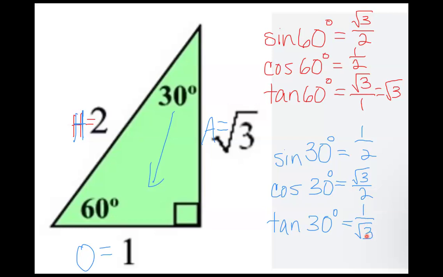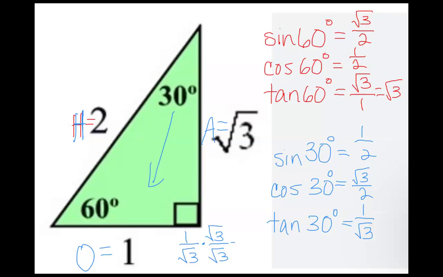Now we don't ever have a square root in our denominator, so we're going to rationalize that denominator. So I'll come over here and we're going to go 1 over the square root of 3. We're going to rationalize the denominator by multiplying by a form of 1, that is the square root of 3 over the square root of 3.